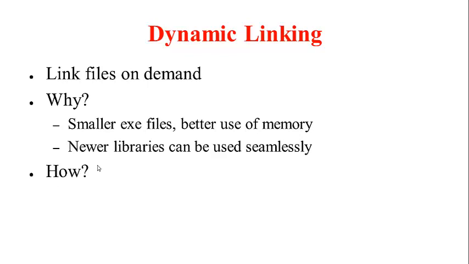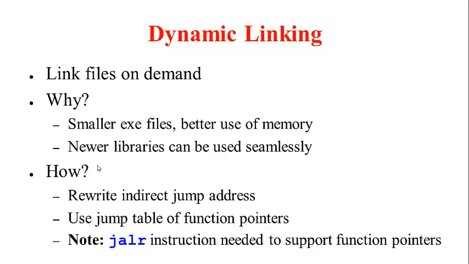So the way this is done is that particular instruction, instead of calling JAL to that function which is desired, is actually going to call a function which implements the dynamic linking functionality. This dynamic linker can then use a jump table of function pointers in order to determine where to jump.